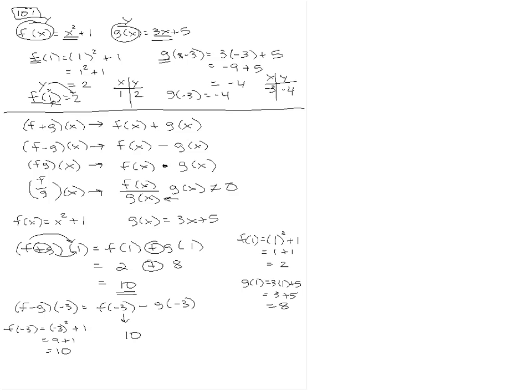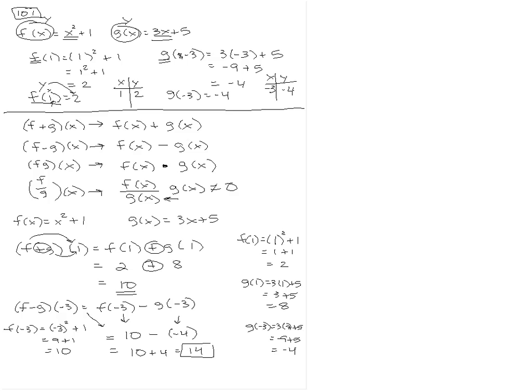Minus g of negative 3, which means wherever there's an x, we put negative 3, which we've already done. Negative 9 plus 5 is negative 4. So I have 10 minus negative 4, which is 10 plus 4, which is 14.